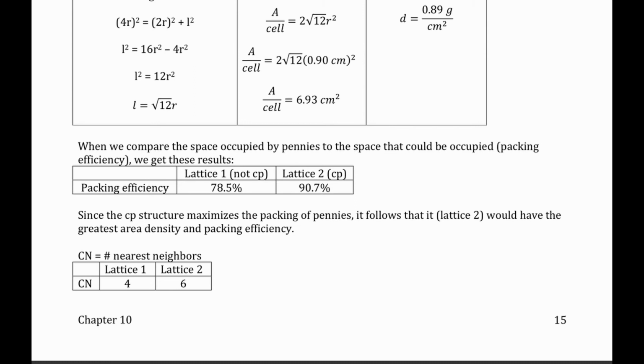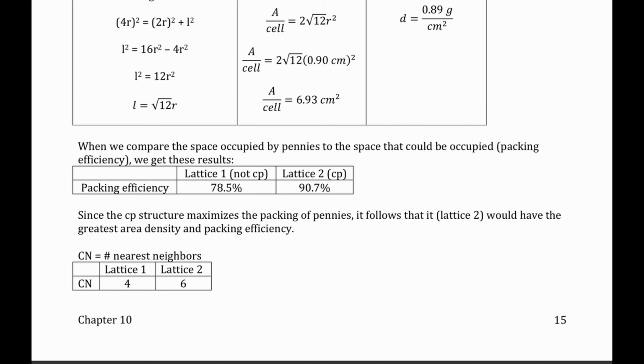If you compare the area that could be occupied to what is occupied, for lattice 1, 78% of the space is occupied, whereas in lattice 2, the closest packing, the way to get the most pennies together, 90.7% of the space is occupied.